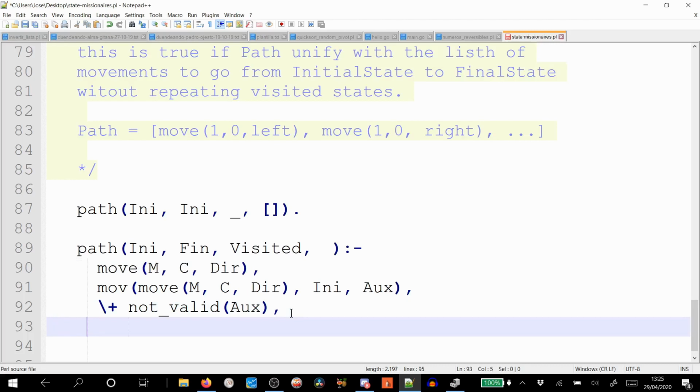And to finish that, a path from where to where. I make a movement from the initial state to auxiliary. And now, what is the path? From where, which state?